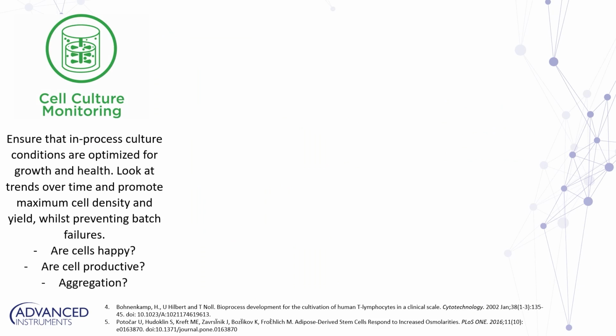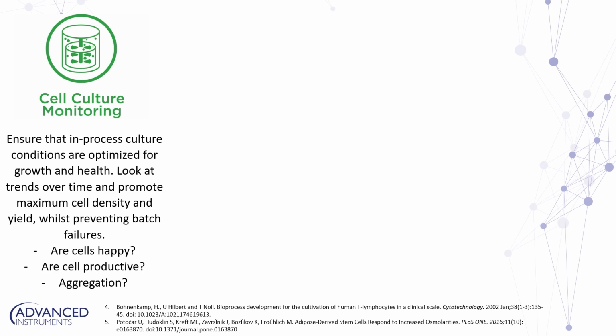You can incorporate osmolality testing to have that in-process check for optimal cell growth and health, as well as a check for any potential contamination, which could in turn lend itself to a batch deviation and therefore batch failure. In summary, osmolality is capable of telling you whether your cells are happy, if they're being productive, with the potential to increase this, as well as the use of osmolality to potentially reduce your risk of aggregation.